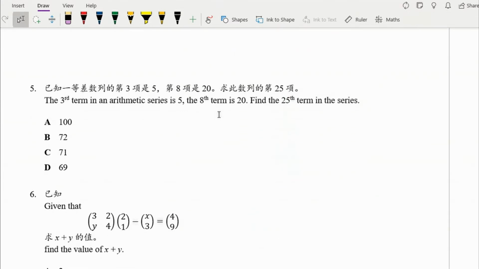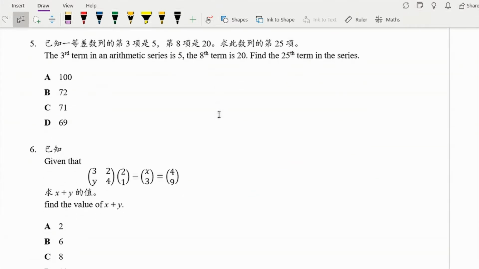Okay. Fifth question. Oh, this is actually your Form 5 Chapter 1 progression, arithmetic progression. So the third term in an arithmetic series is 5. The eighth term is 20. Find the 25th term in the series. Okay, so you know that this is arithmetic progression, so you can just directly use the formula.